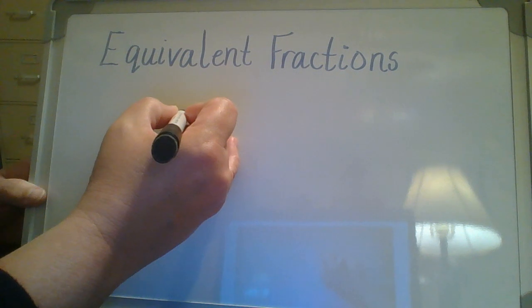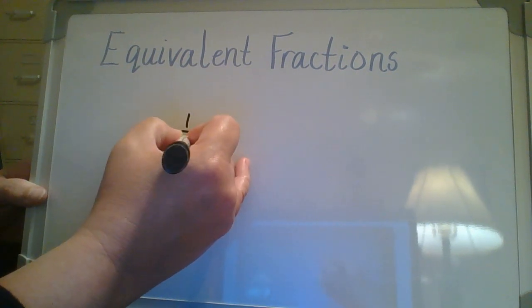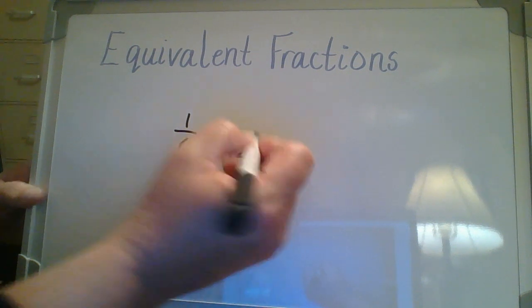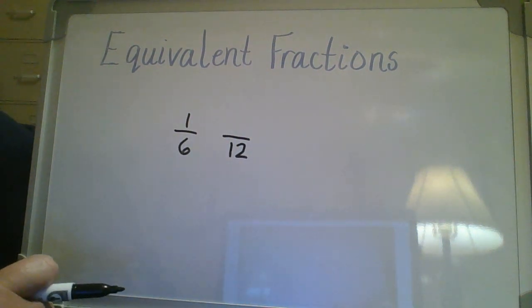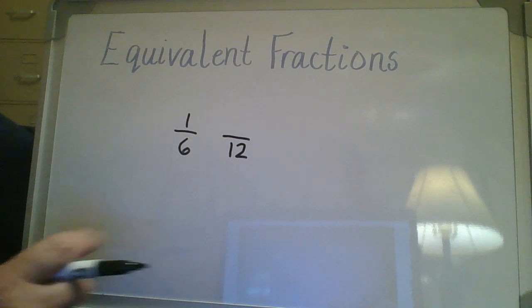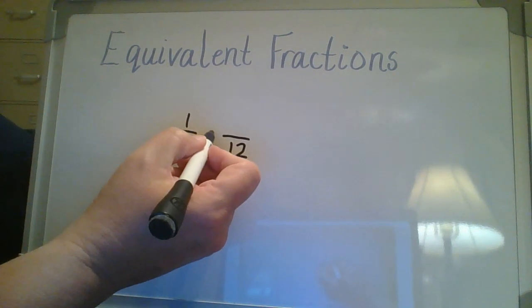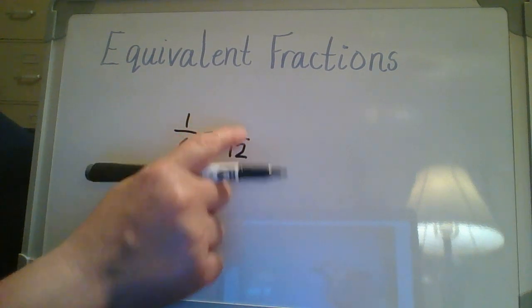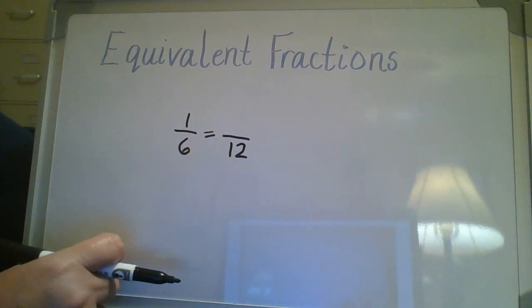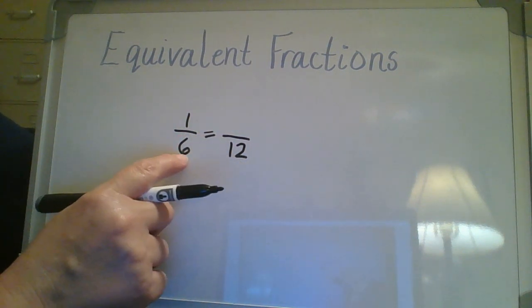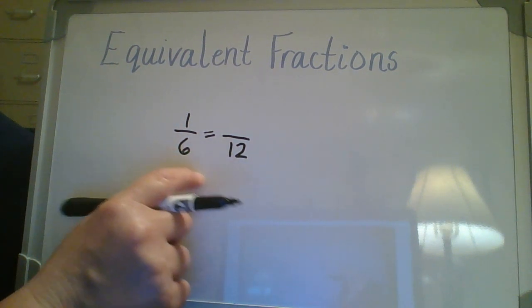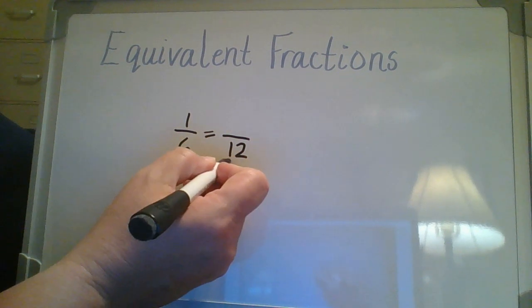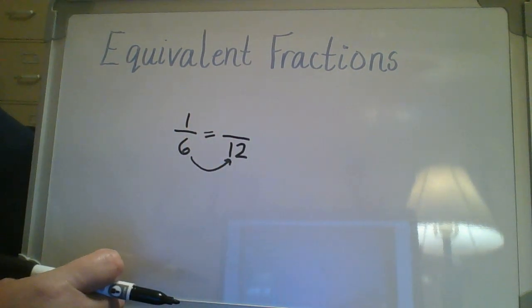I have 1/6 and so many twelfths. Well, I want to know how I can make 1/6 equal to something twelfths. Well, what do I need to do here? Can 6 times something equal 12? Yes, it can. 6 times what equals 12, boys and girls?